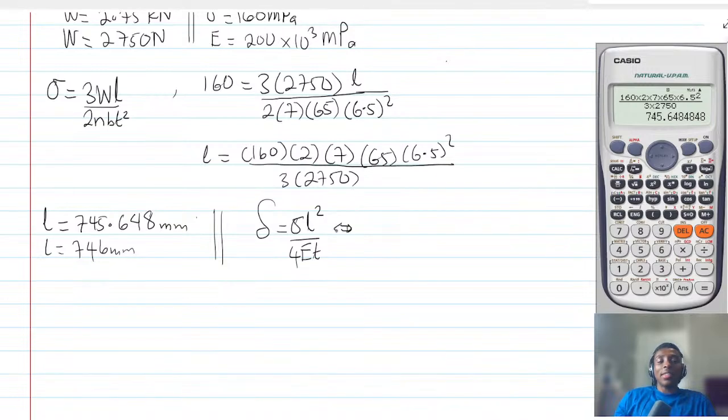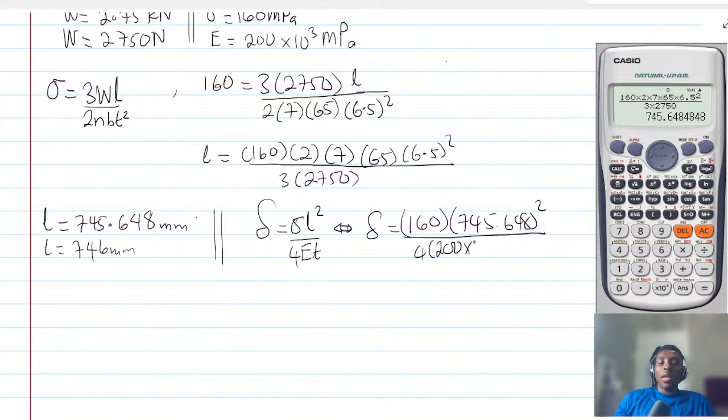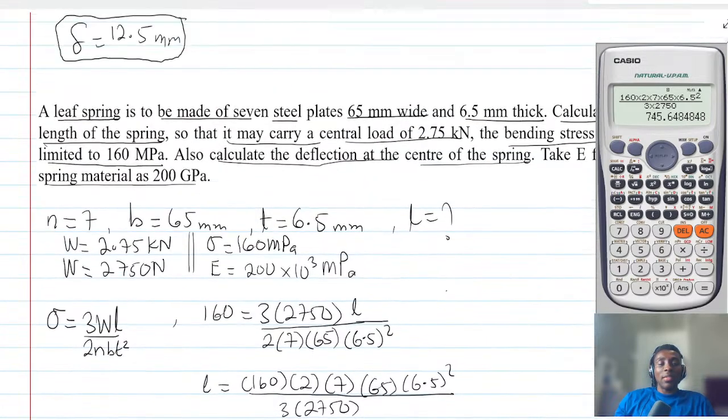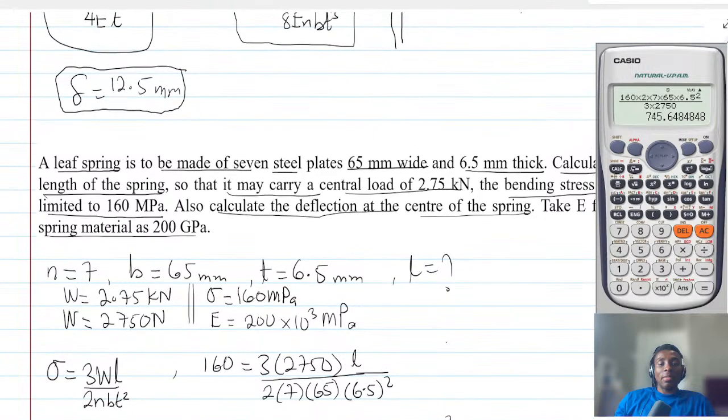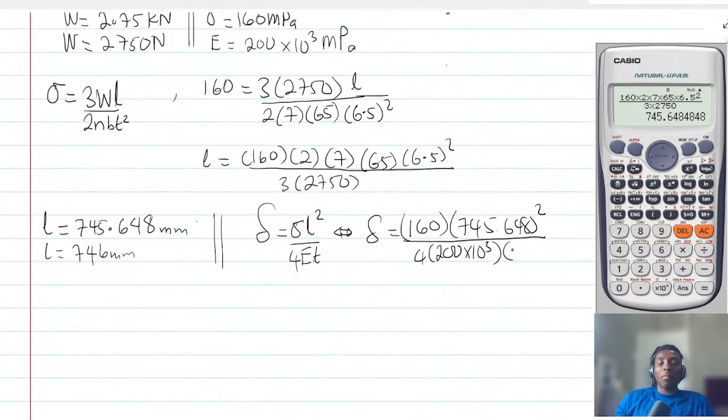So essentially, delta, which is the deflection, is going to be 160, the length is 745.648 squared, all divided by 4, 200 times 10 to the power 3, and the thickness 6.5.